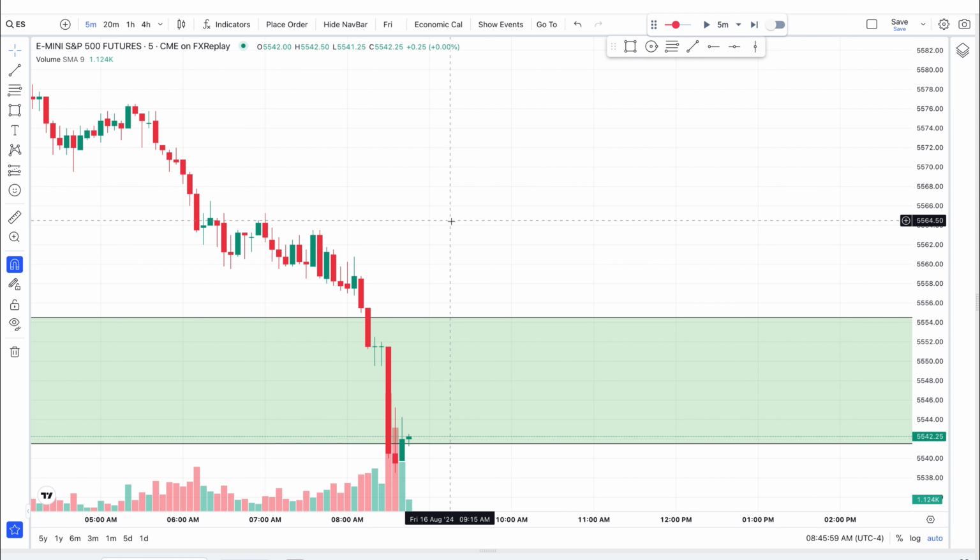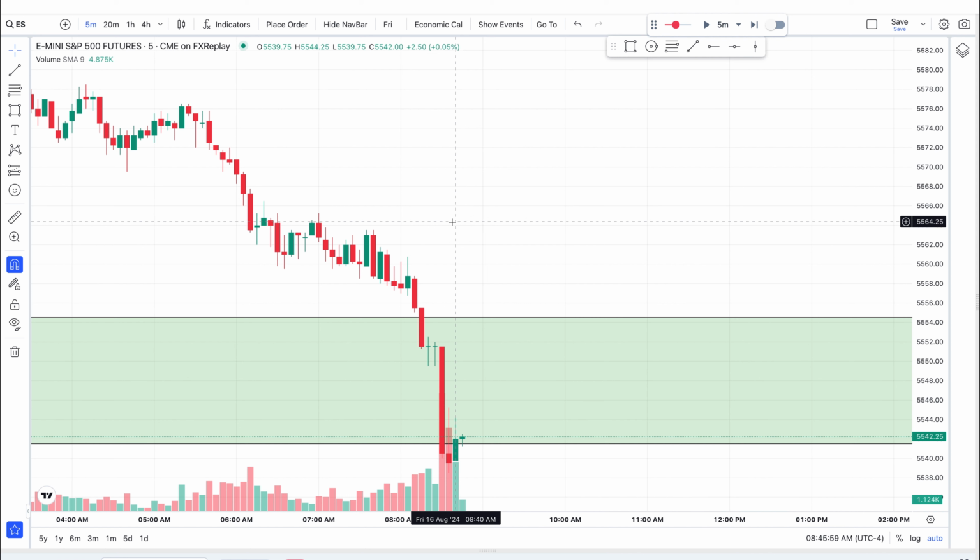He also uses what's called footprint. That's just another useful tool for supply and demand traders to see what's happening at price points.